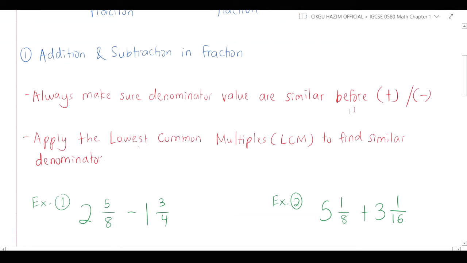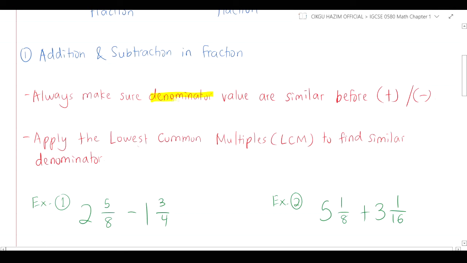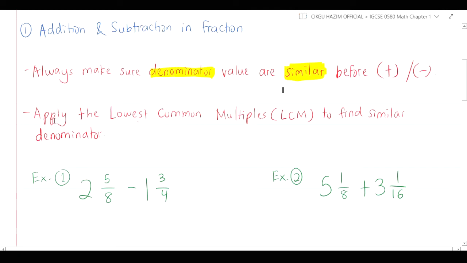Anything plus or minus related with fraction needs the same denominator. So how to find the similar denominator? We apply the lowest common multiple method, that's what we call LCM.